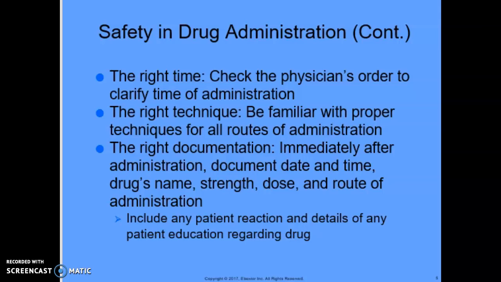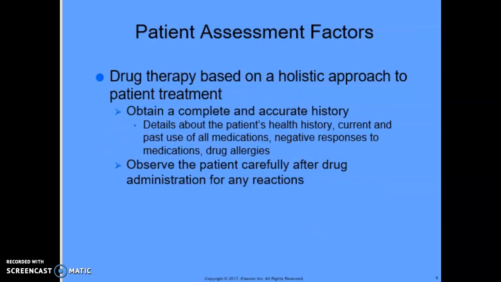And you want to make sure that you document this, and the exact site of administration must be charted also in your documentation. If you look at procedure 11-1, it does describe how to administer oral medications. And so take a look at that as well.